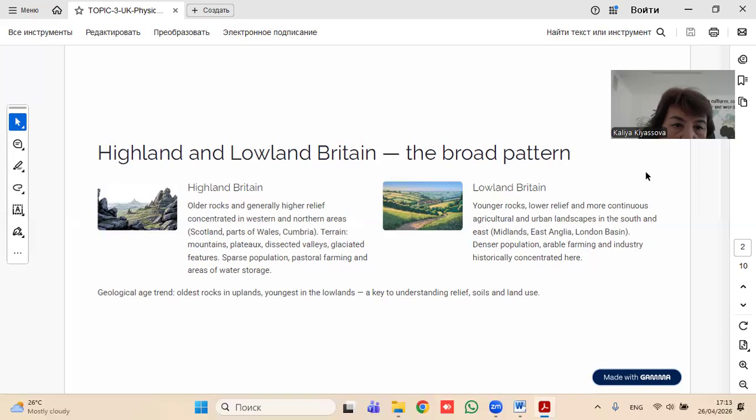Geological trend: oldest rocks in the uplands, youngest in the lowlands, a key to understanding relief, soils, and land use. Everybody must remember this, especially the last sentence, yes?